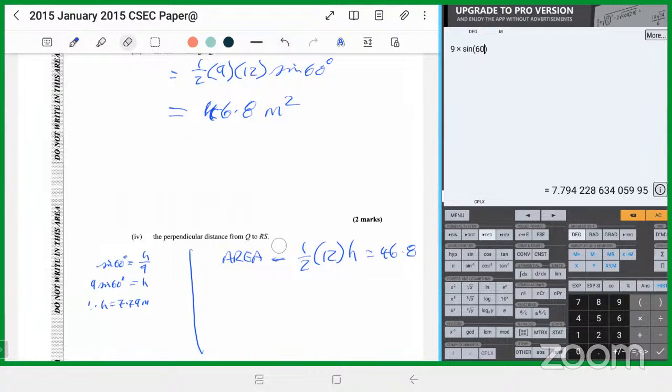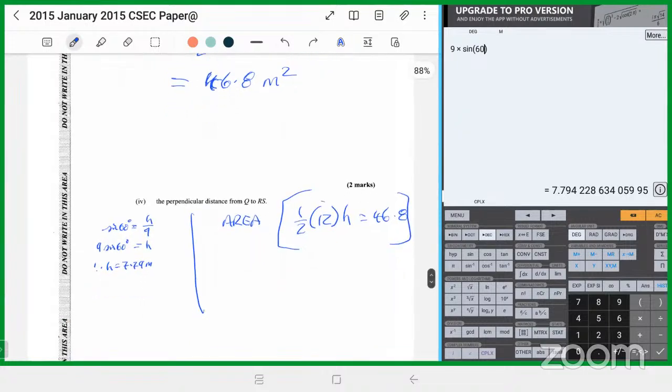Let me take this out. So actually working here now, half 12 times the height, the perpendicular height, equals 46.8, the same area. This is 6. So it means that 6H is equal to 46.8. Divide by the 6, so the H is equal to 46.8 over 6.